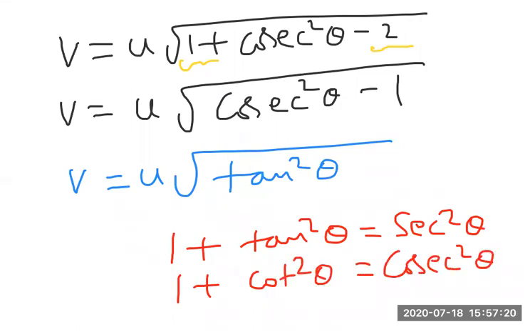Here we wrote cosecant square theta minus 1, so what I said previously was wrong. Cosecant square theta minus 1 is nothing but cot square theta.